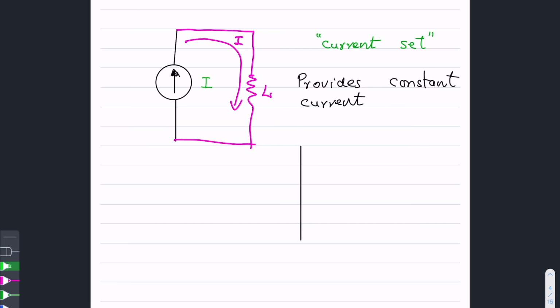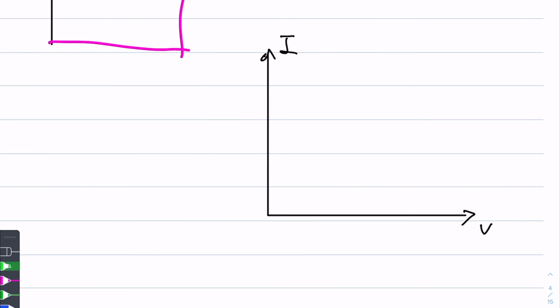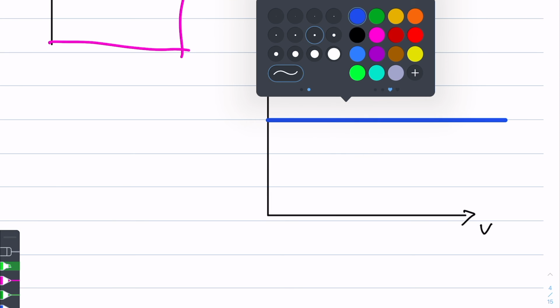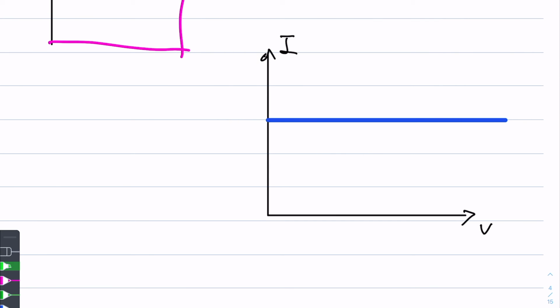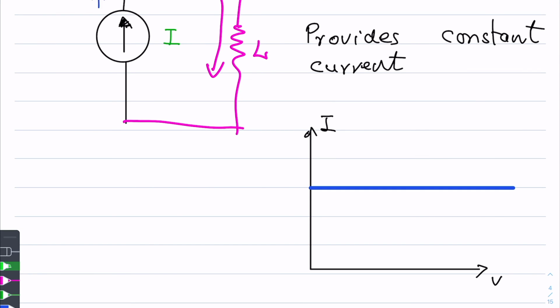If you look at the IV characteristics, with voltage on the x-axis and the current on the y-axis, the current is going to be constant even though the voltage across the terminals is varying over a wide range.